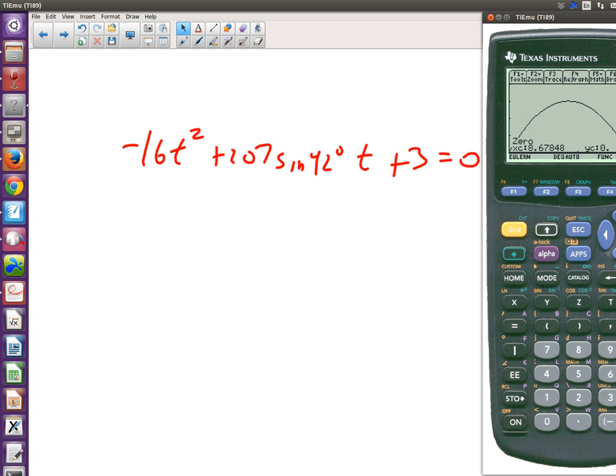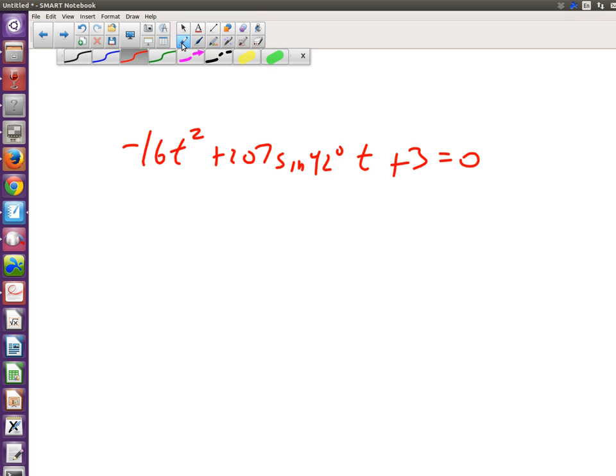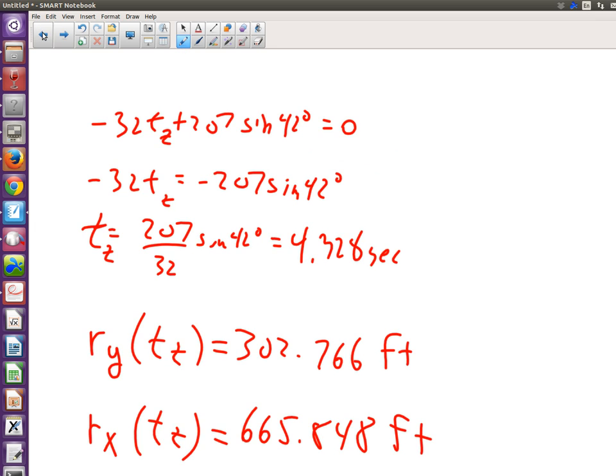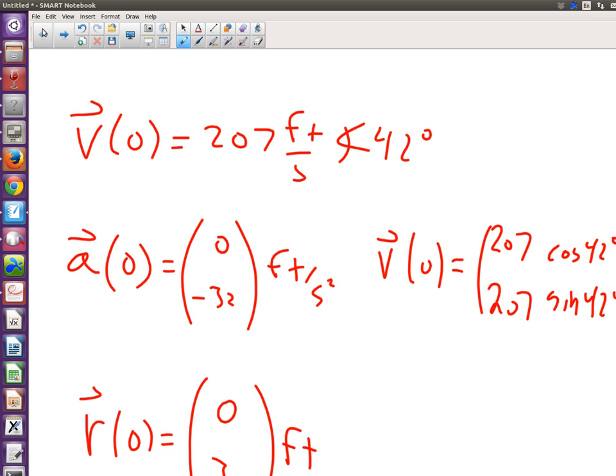Okay. So what if I call that TR for the time it takes to hit the maximum horizontal range? And TR graphically came out to be 8.678 seconds. All right, now what do you do with that? Plug it into R sub x, right? Okay, now R sub x, is it still here somewhere?